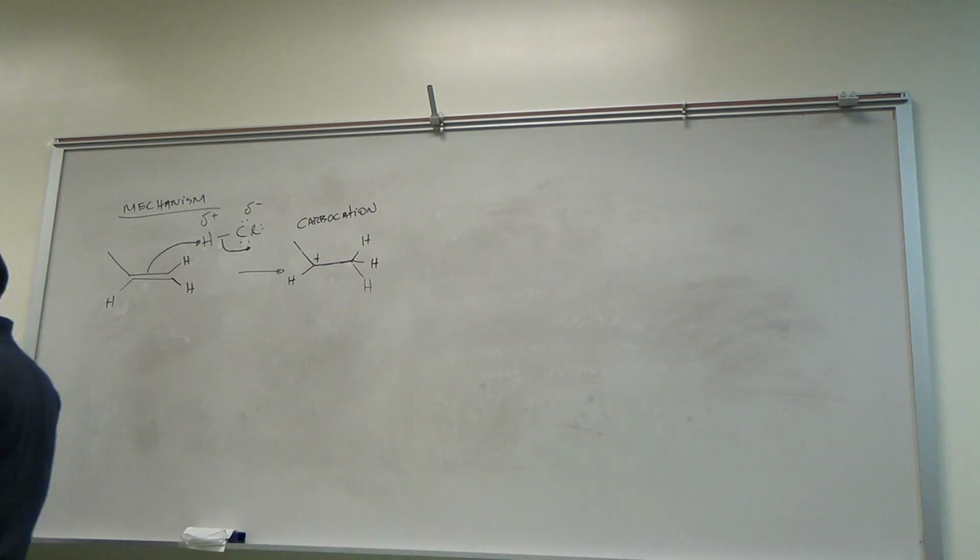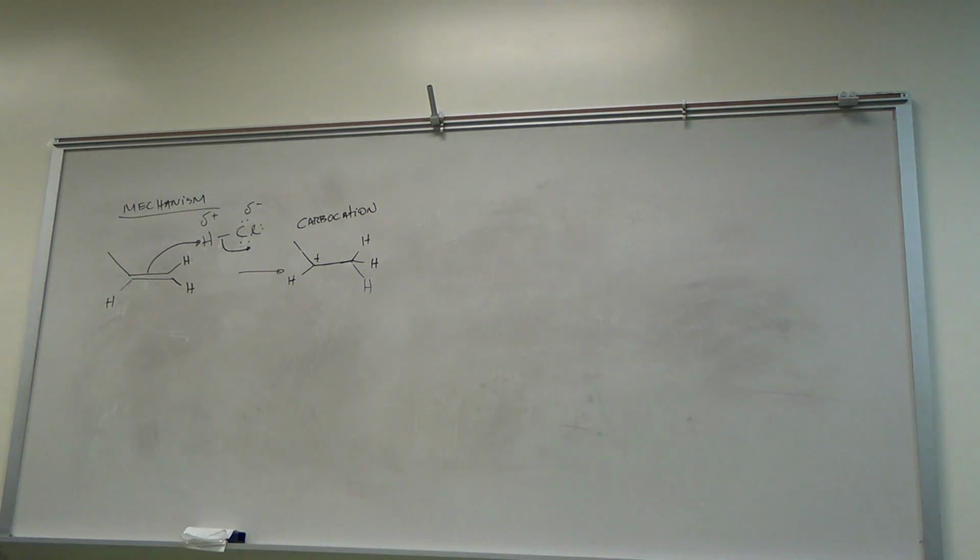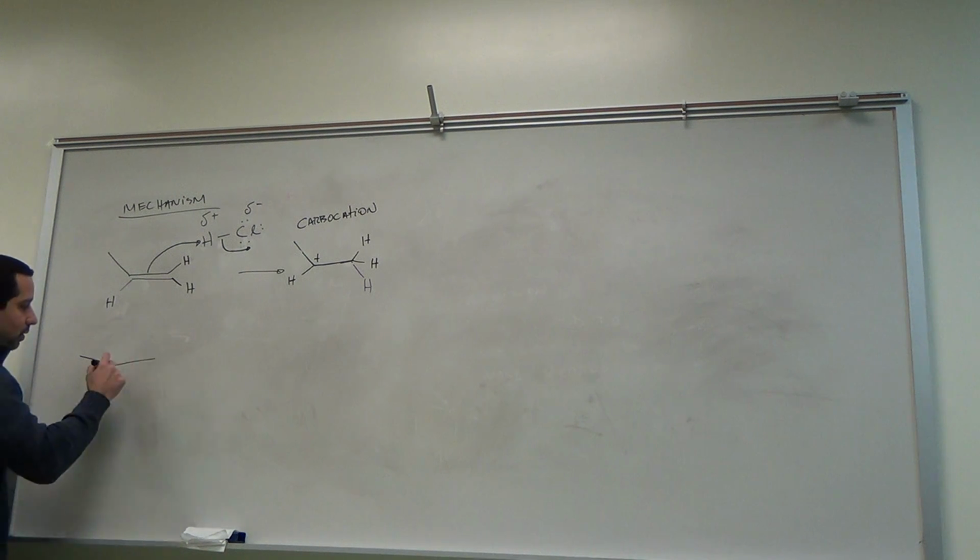This carbocation has what type of structure? Trigonal planar. What hybridization? SP2. So, this is trigonal planar. Looks like this, yes?